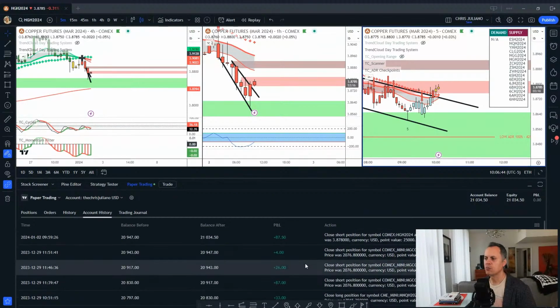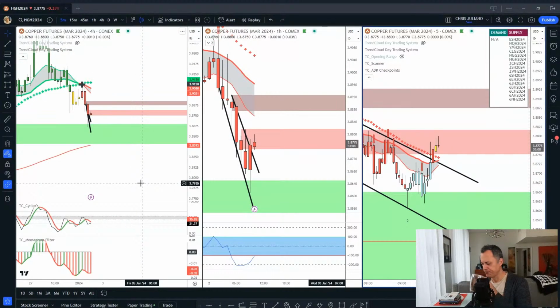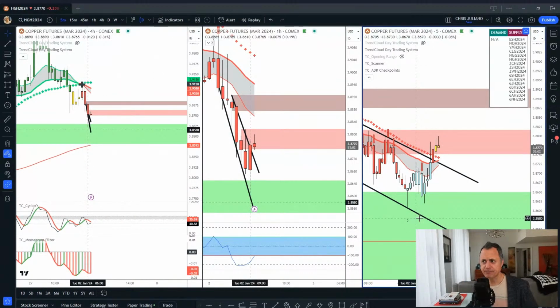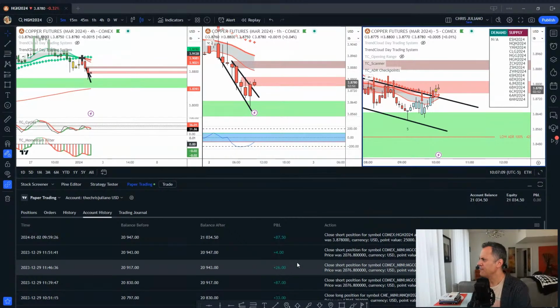So when your simulator starts looking like this, that's when we take you into the live account. Get used to trading for short-term rapid growth and build up your account. When you can honestly say to yourself, in the past 5 days, did I make over $1,000?